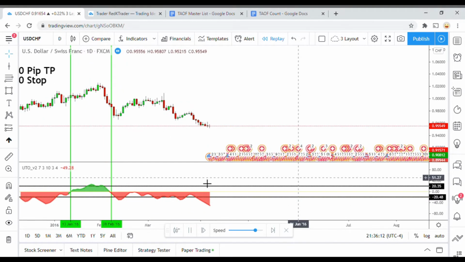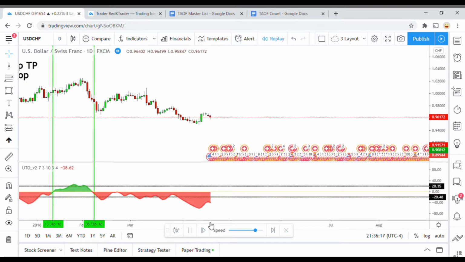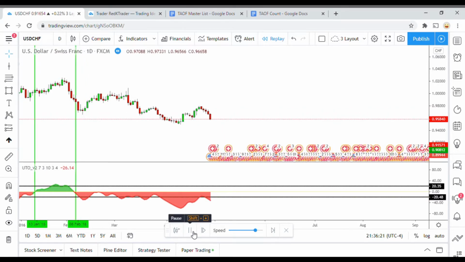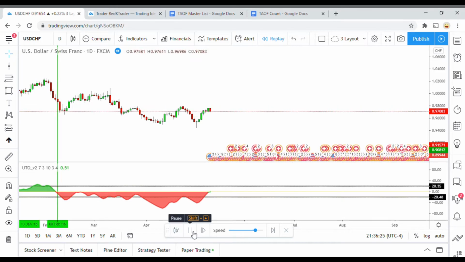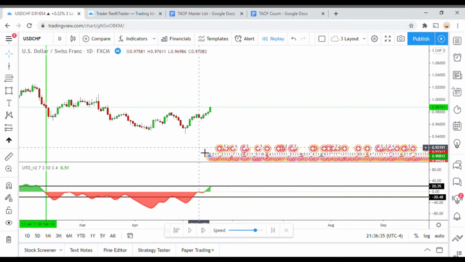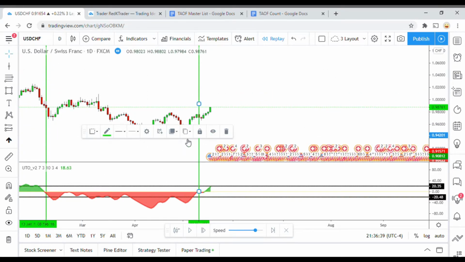I guess it's possible that this middle section, these two yellow lines, may have been an attempt to filter out ranging markets. And so that's definitely a possibility. I know one of the Discord members just today was asking me, or asking the group in general, about a range filter.